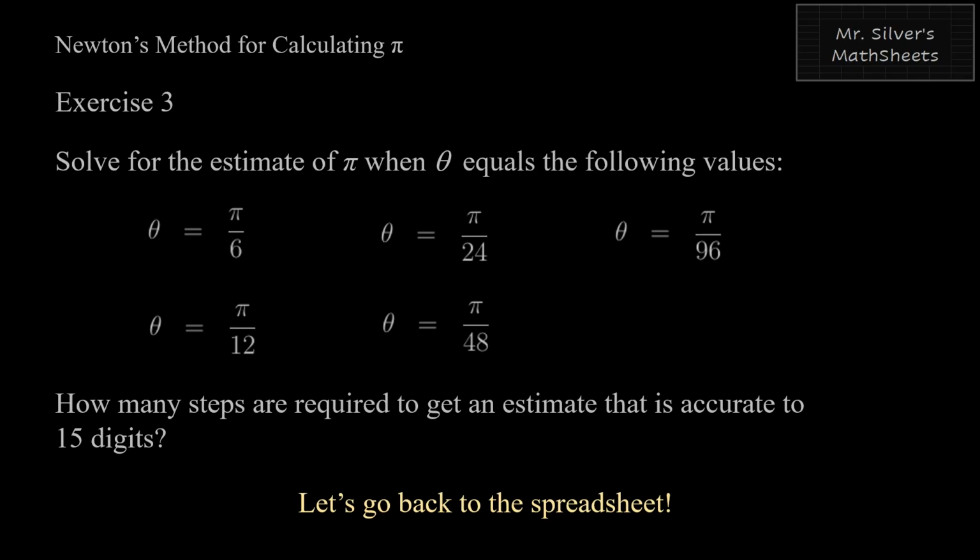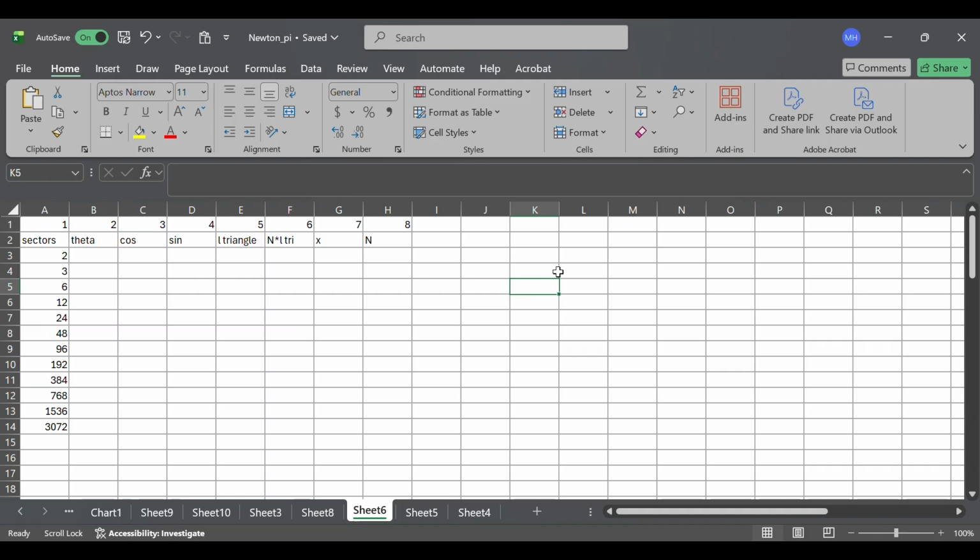Let's go back to the spreadsheet. The first value for 2, we already calculated. The other ones, we'll do the way we have before, using the half-angle formula.